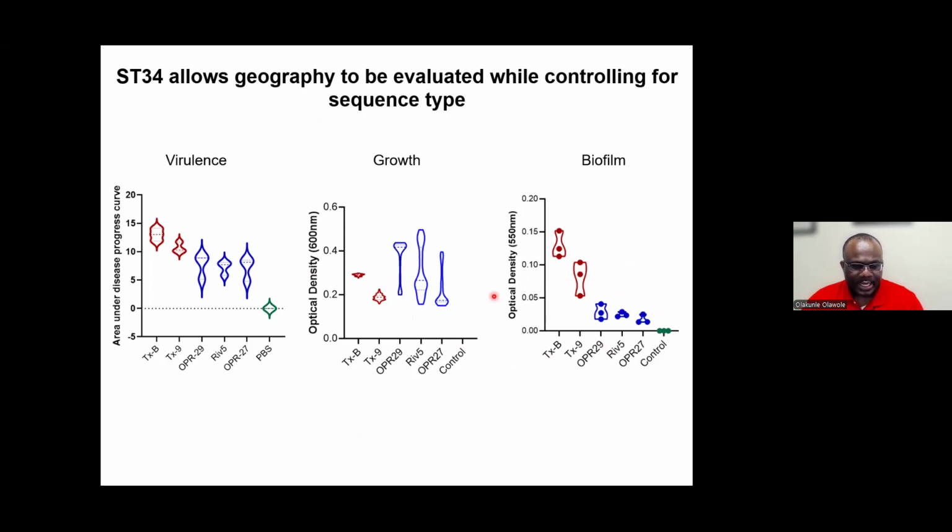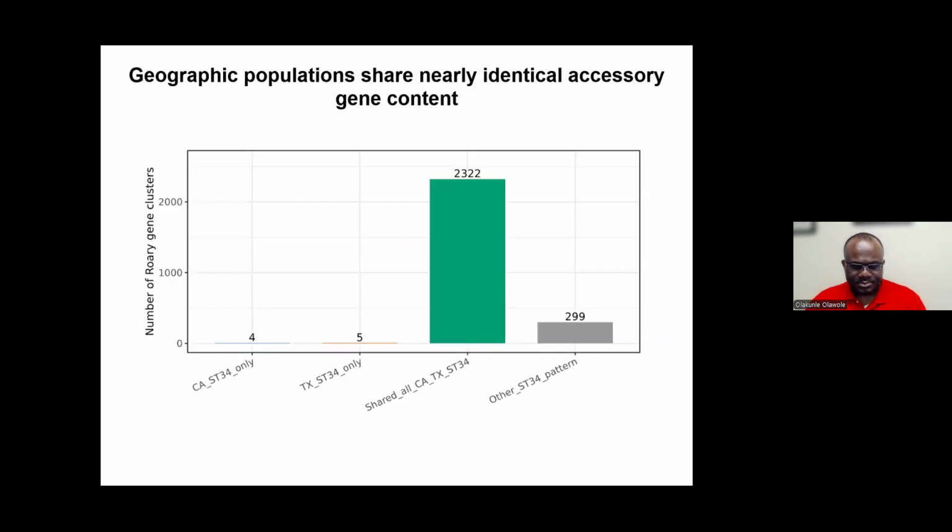So that led us to ask additional questions as to whether there are putative differences, probably at the ancestry genome level, that could be driving these phenotypic differences.